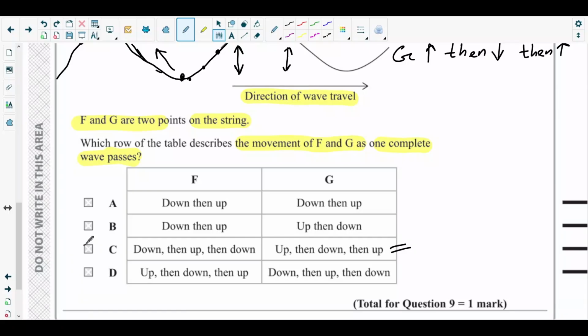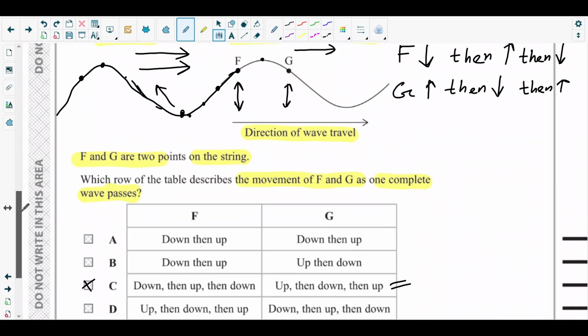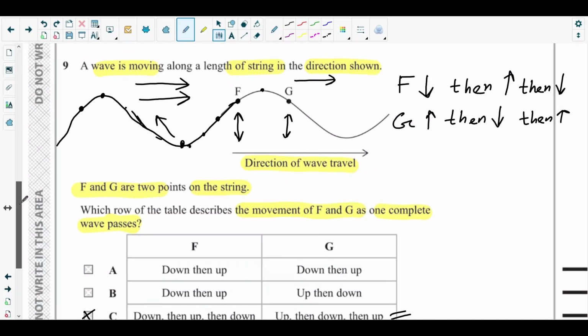So option C is the answer for MCQ number 9. In this case, we have to just consider the property of a wave, that as a wave passes through a medium, it will just make the particles oscillate about their positions, not the particles getting displaced.